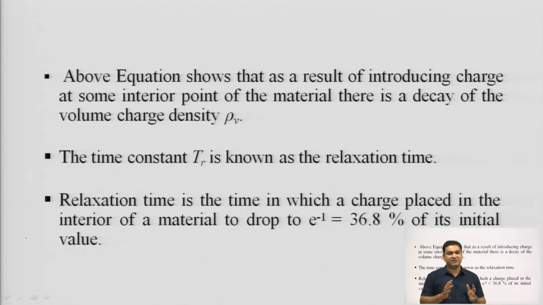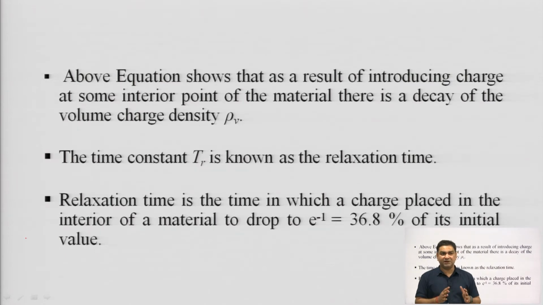All the discussion which we considered, the summary, the result can be written in this form. The above equation shows that as a result of introducing charge at some interior point of the material, there is a decay of the volume charge density rho v.